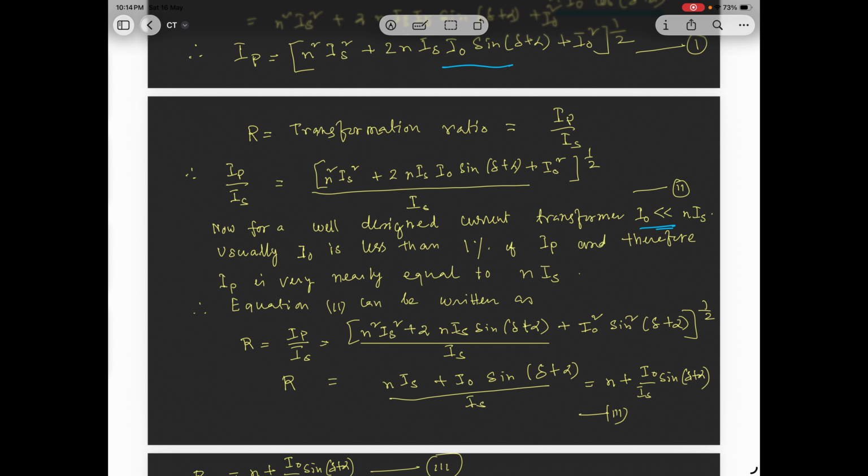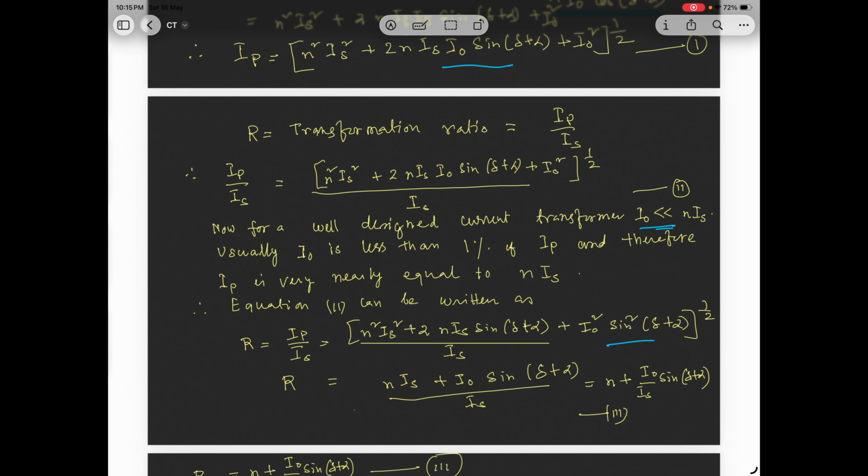So we can rewrite the equation as R is equal to IP by IS. So what I have done, I neglected this I0 square sine square (delta plus alpha) portion.